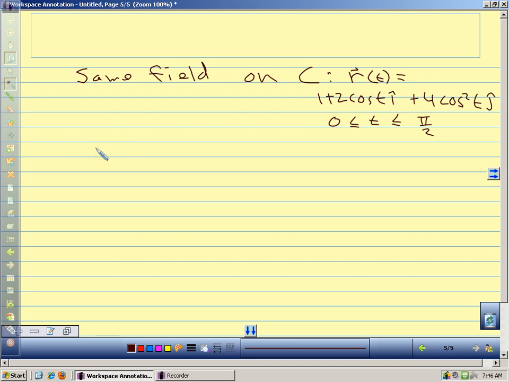So on our curve C, x equals 1 plus 2 cosine t. So dx equals negative 2 sine t dt.